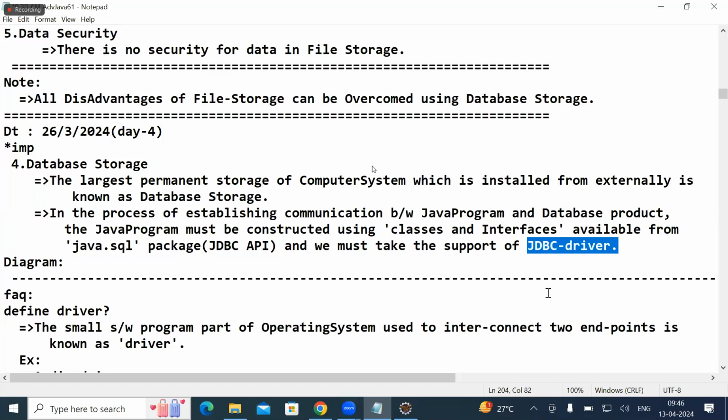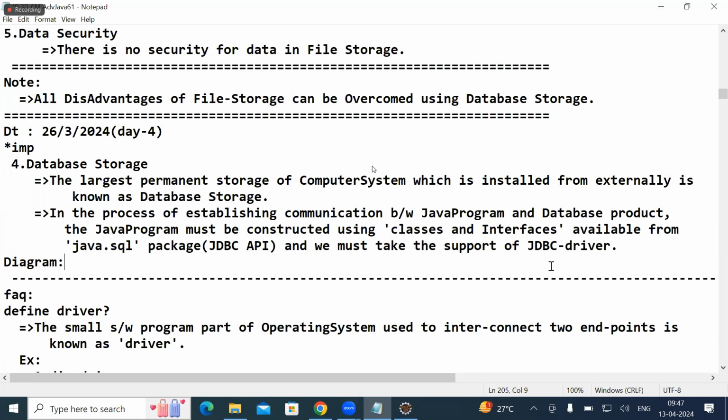In what format are you taking the support of the JDBC driver? Sir, my Oracle installed folder will have one lib, meaning library. The library is providing one jar file to me, ojdbc some number dot jar.